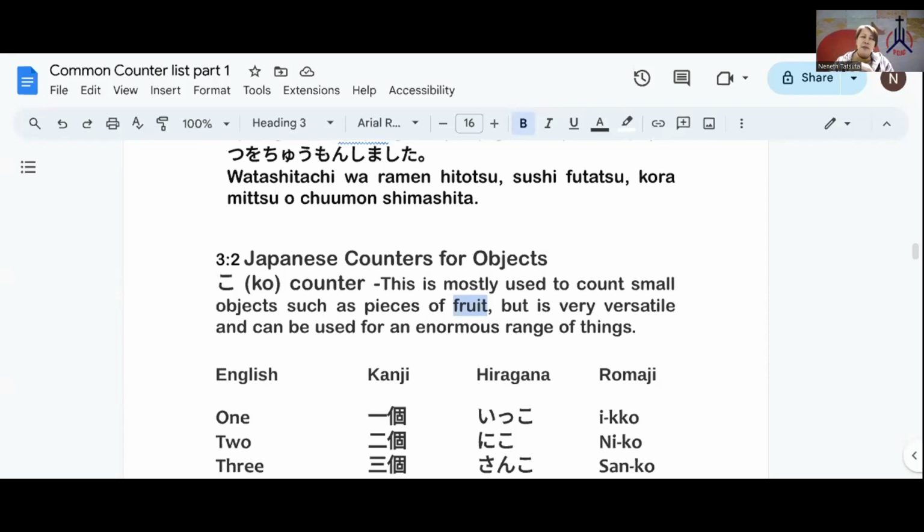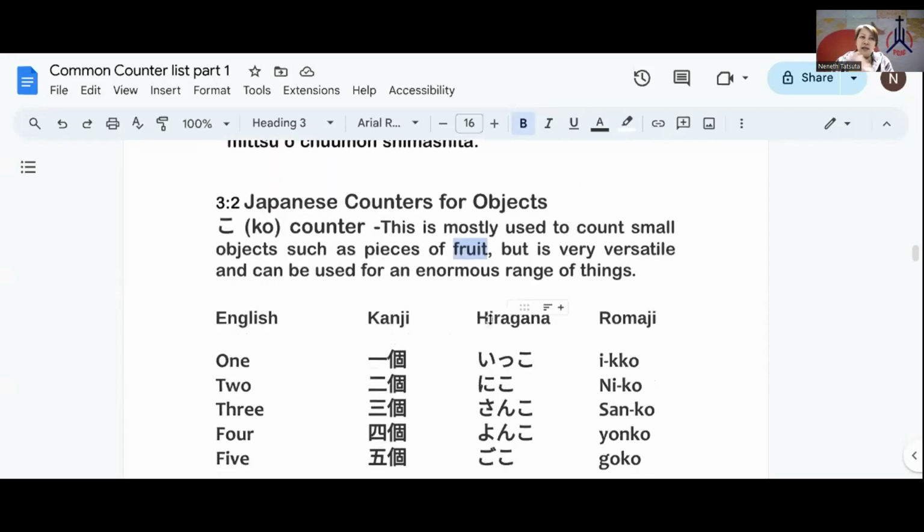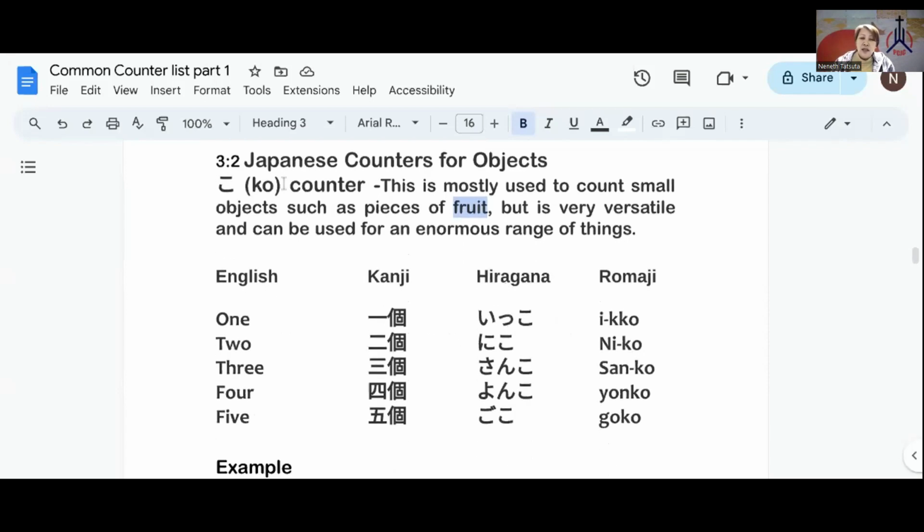In one plastic, maybe there are 5 oranges or 6 apples. So it goes in a pack. Okay, one pack. But if you're going to buy it one by one, you're going to use the counter ko.